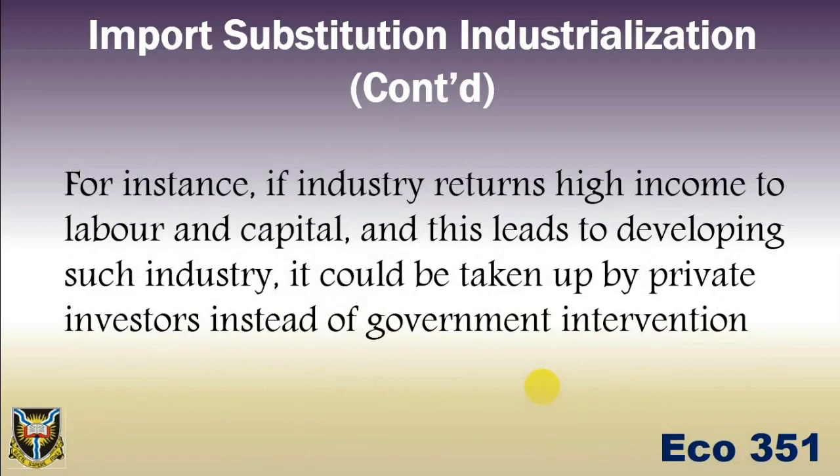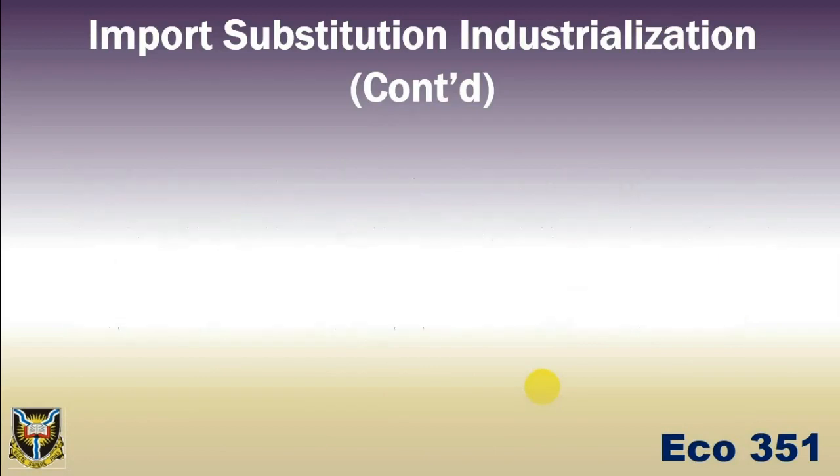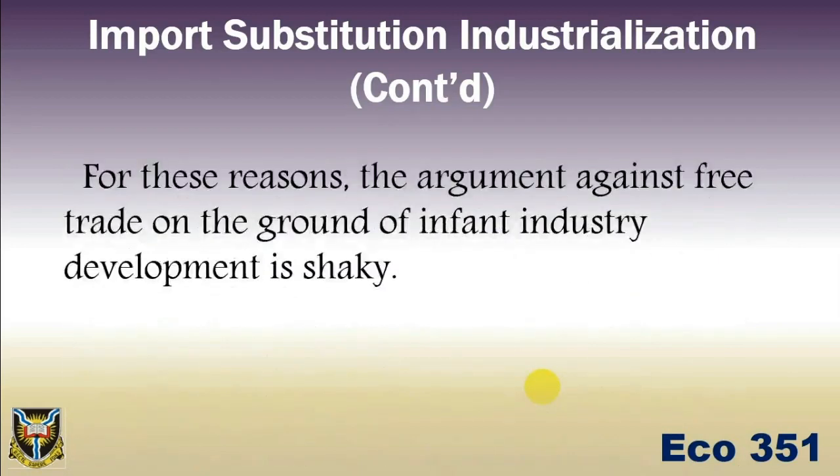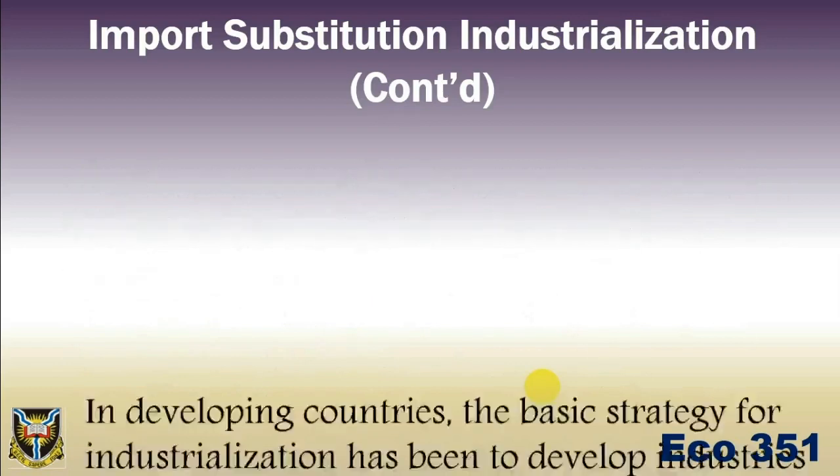For instance, if an industry returns high income to labor and capital, and this leads to developing such industry, it could be taken up by private investors instead of public intervention. For these reasons, the argument against free trade on the ground of the infant industry is shaky.